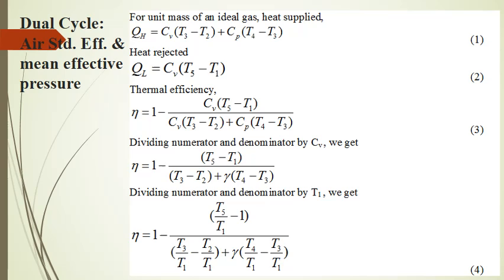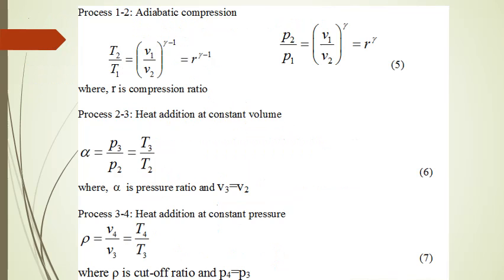Dividing numerator and denominator first by Cv and then by T1, we get the expression as shown in equation number 4. So we are having different temperature ratios in equation number 4. So now what we have to do? We have to find out the values of these temperature ratios.